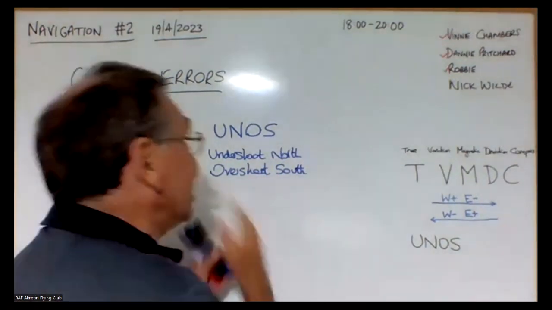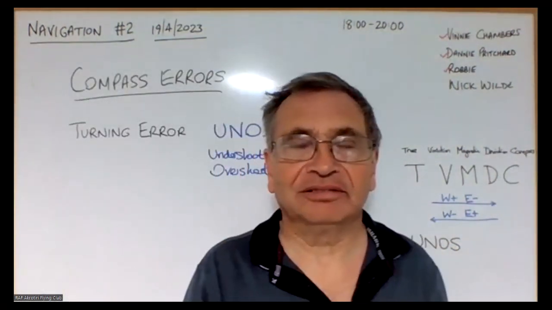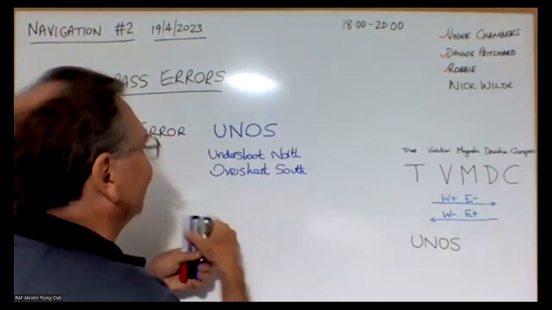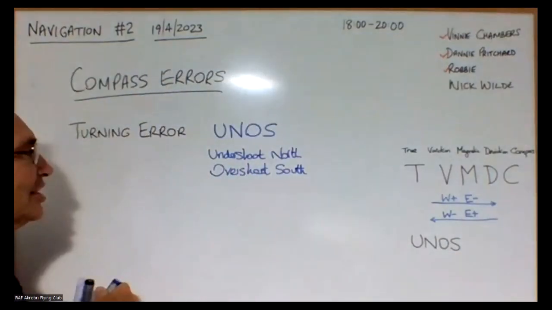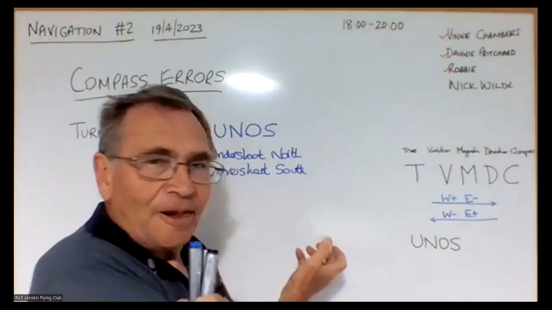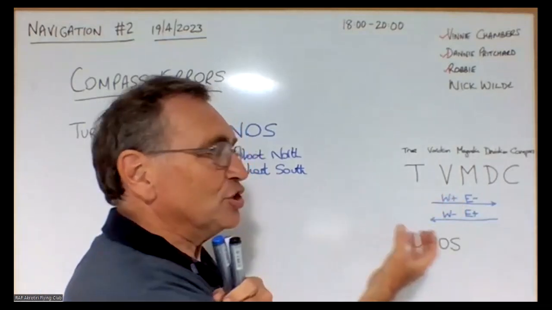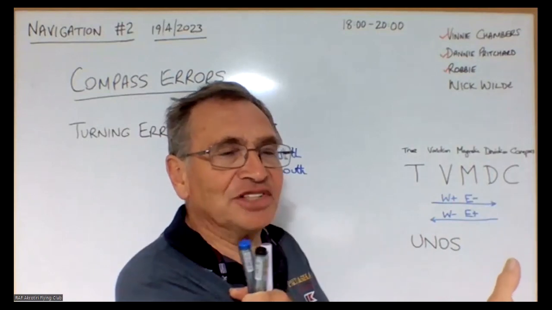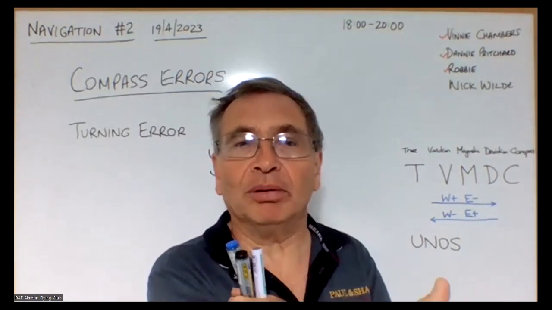If you're turning onto east or west, you're fine. There isn't a turning error on east or west. In other words, if you wanted to turn onto east or west, you just grab your compass, wherever it's showing, here we go, 080, 090, stop.